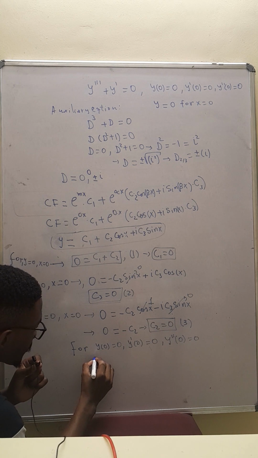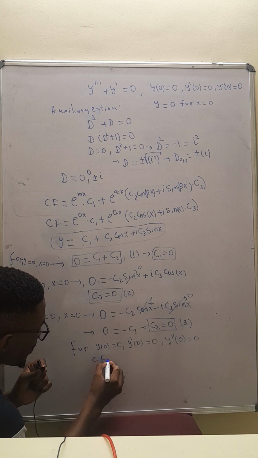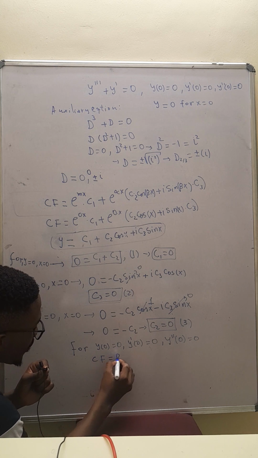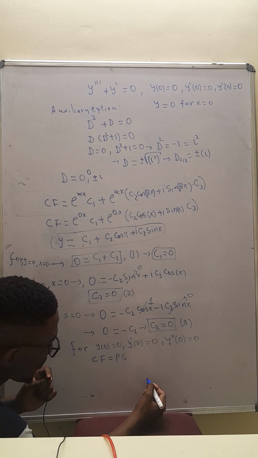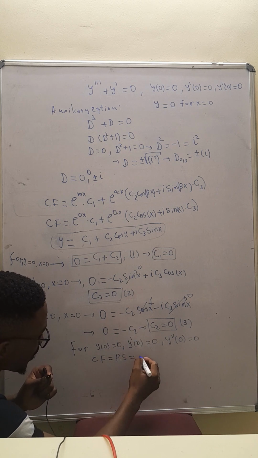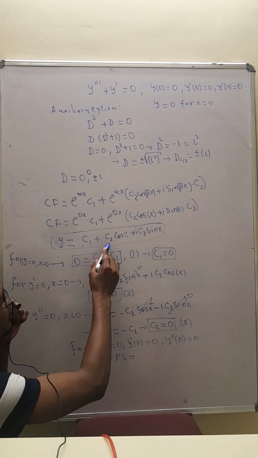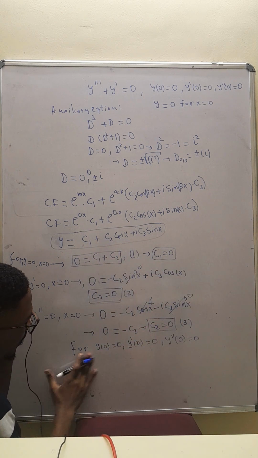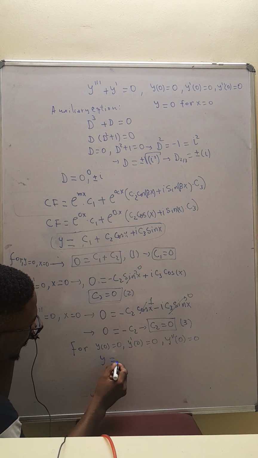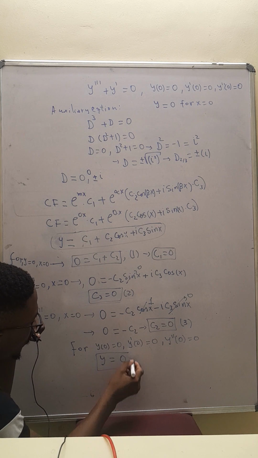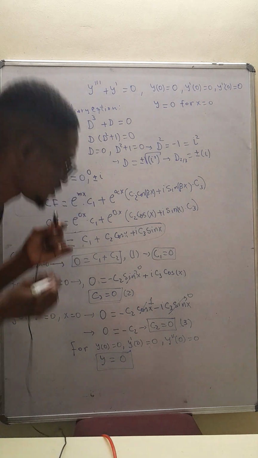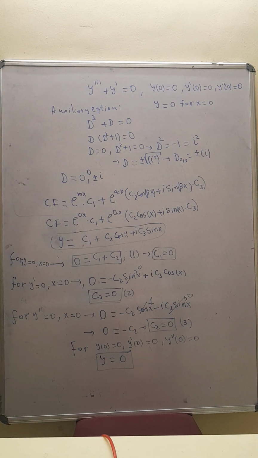It means that my particular solution for this exercise will be all 0. Just put 0, 0, 0, 0. Y will be 0. All will be 0 directly. There will be no space for anyone. All will be 0. Nice.